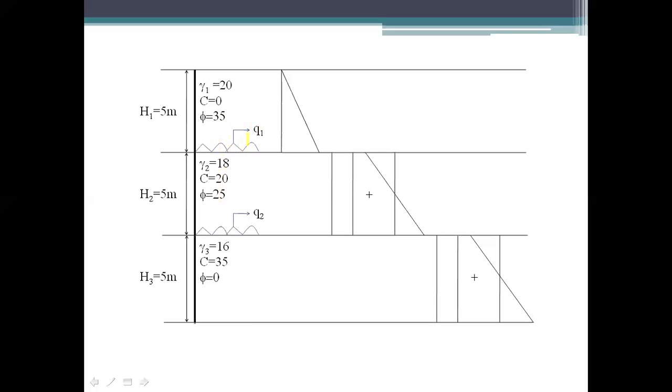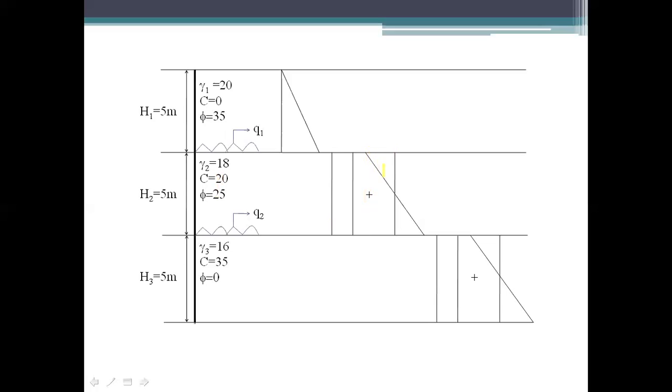So for this surcharge loading of layer 1, you will have to draw a rectangular diagram. For surcharge loading, we already know that we have to draw a rectangular diagram, plus there will be a soil diagram. Now there is C present here, so you will have a negative diagram.